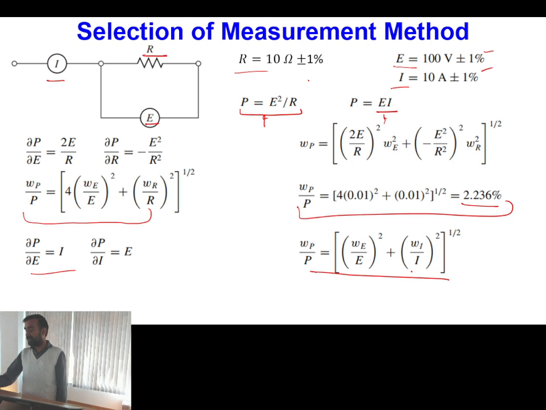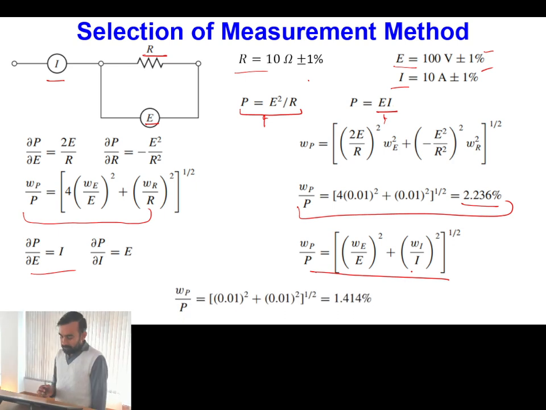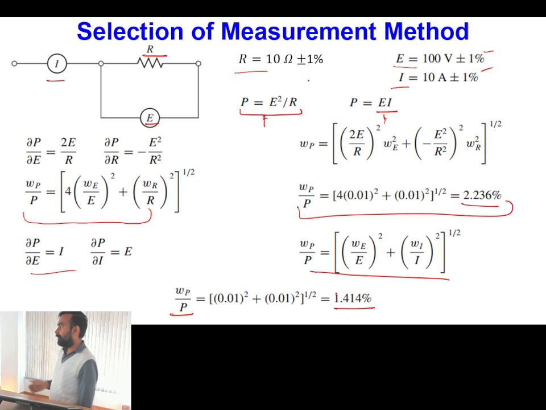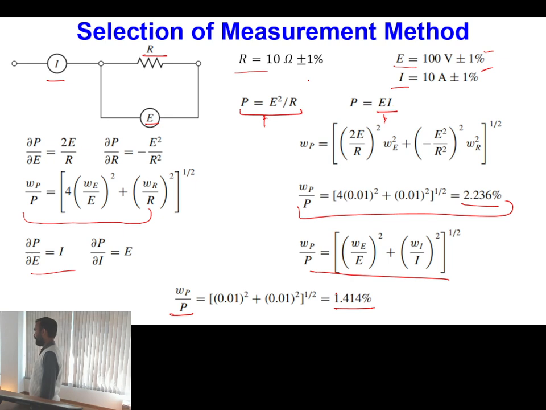All the derivatives I have listed, and you will be getting uncertainty in measurement of power to be 1.414%. So it means that being a design engineer, you have been given the choice that out of these two types of measurement system, which one you will be considering for estimation of power. The obvious choice is using the formula E into I, because it is giving the least uncertainty in the final measured quantity. Is this point clear?